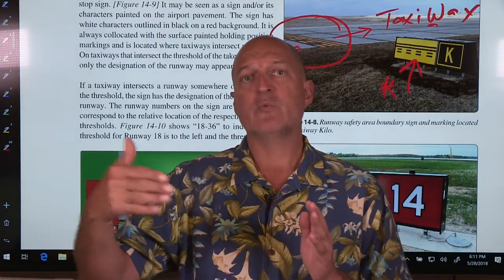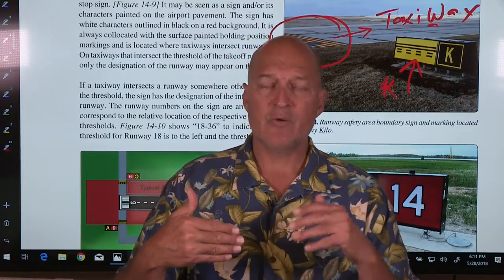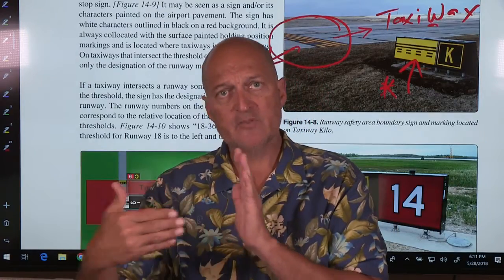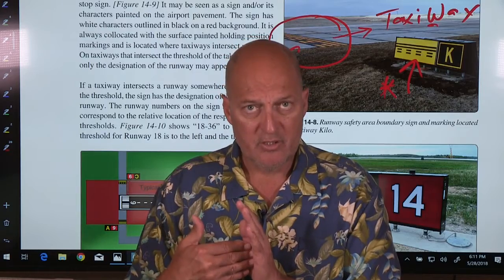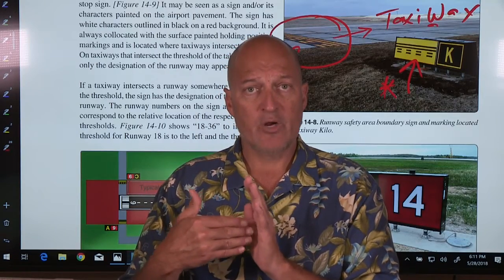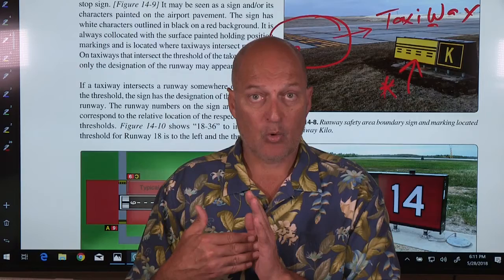So if you're on the taxiway and you're getting ready to enter a runway, the solid lines will be in front of your spinner. And you have to stop and get permission to taxi onto that runway. And you get permission from the tower.